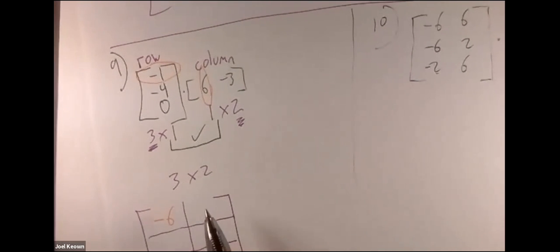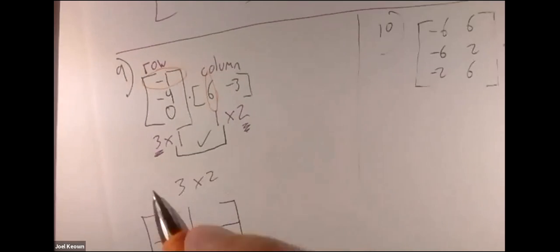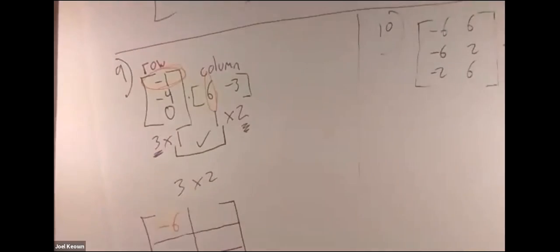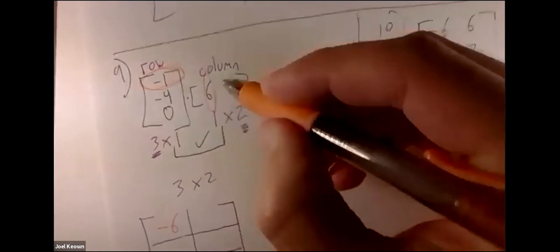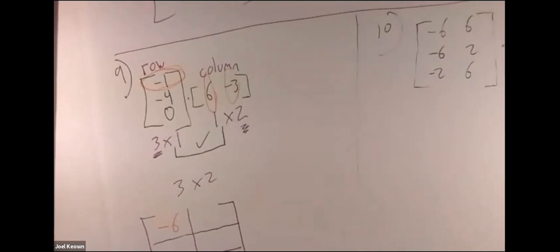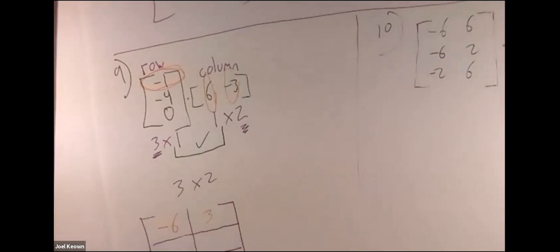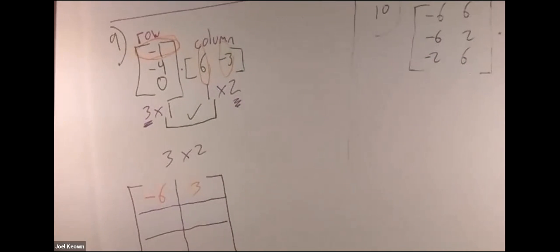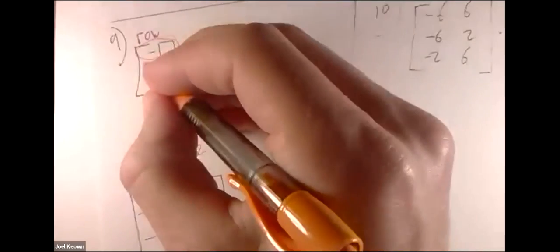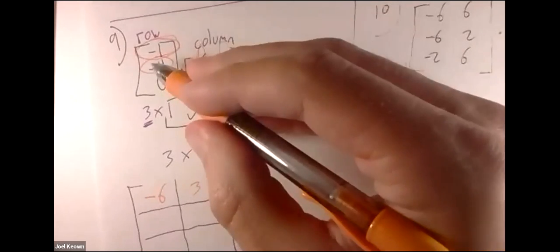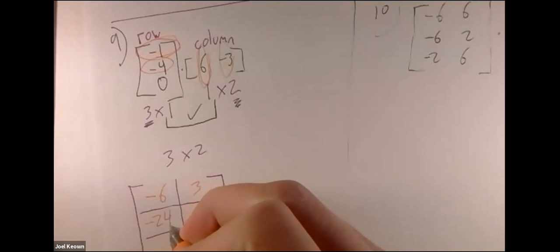How about this one? This box is still in the first row, but it's in the second column. -1 times -3 is +3. Look at this box. Now we're in the second row, first column, -4 times 6, -24.